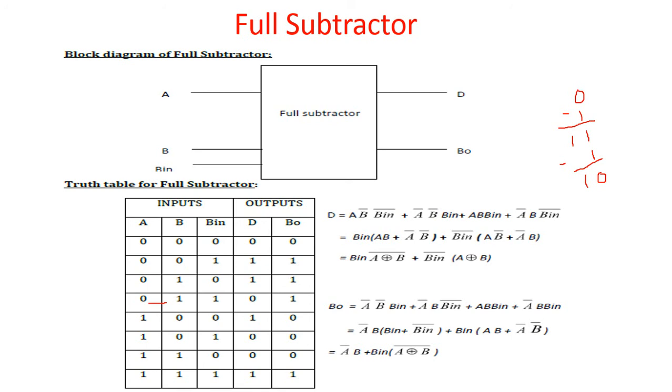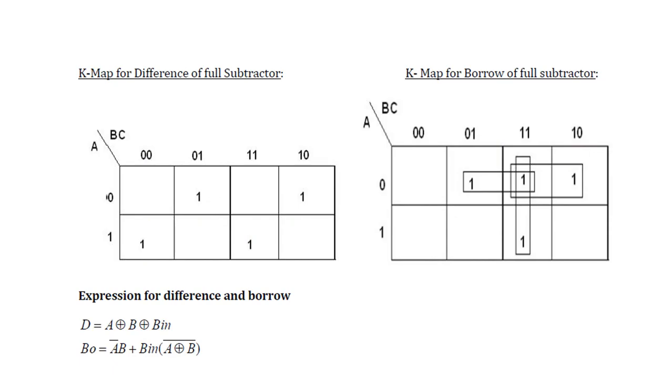Again this is 1 minus 1, difference is 0, borrow is also 0. 1 minus 1, both difference and borrow are 0. Again subtracting with 1, that means 0 minus 1, difference is 1, borrow is 1. Right? Okay.